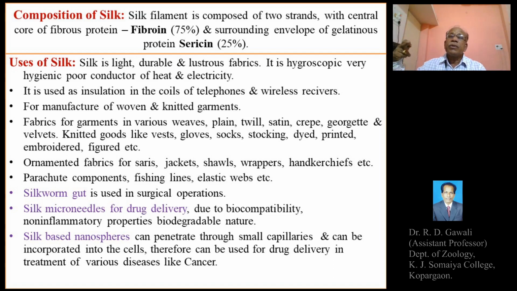So we can inject the medicines into the cells directly, and for this purpose we can use the silk-based nanospheres. This can penetrate through small blood capillaries and be incorporated into the cells, and therefore can be used for drug delivery in the treatment of various diseases like cancer.